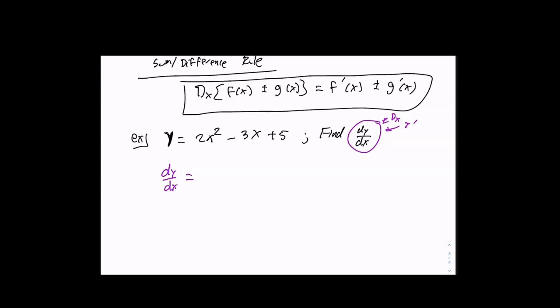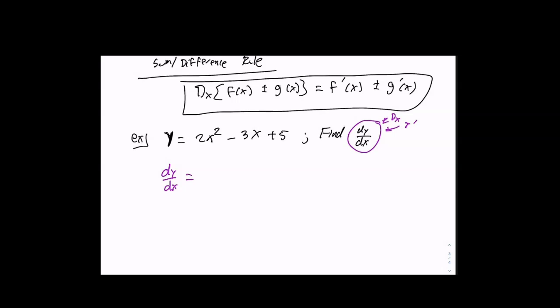How many terms do we have in my function? 3. So how many derivatives am I going to take? 3. So what are my 3 derivatives?